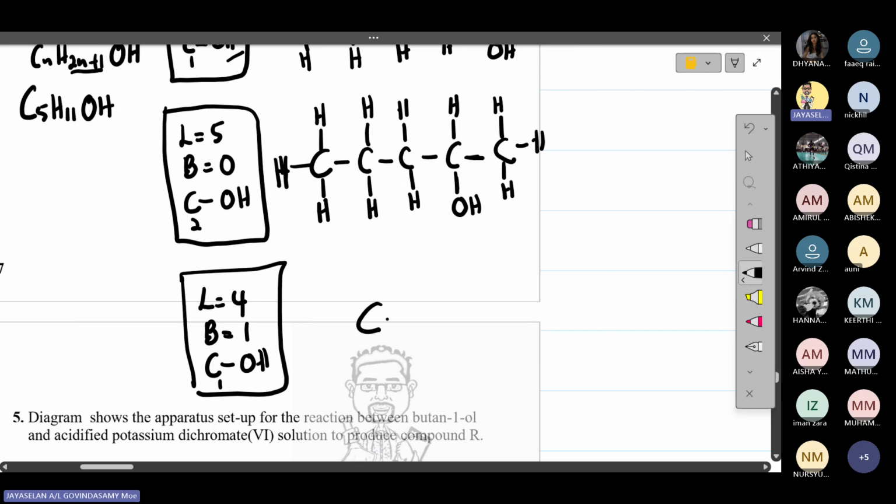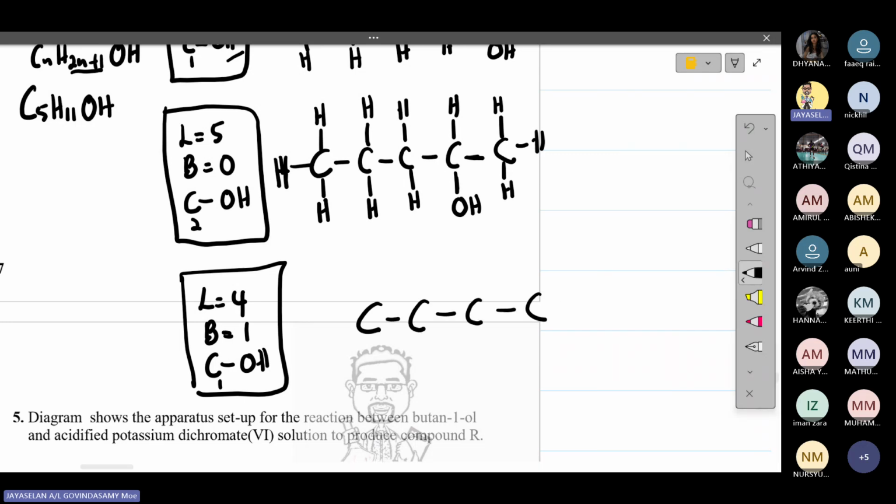I put 1, 2, 3, 4. The branch you put here or here, up to you. The branch cannot be at the first or last carbon, so it must be between the first and last carbon.